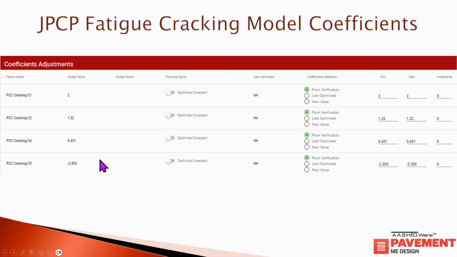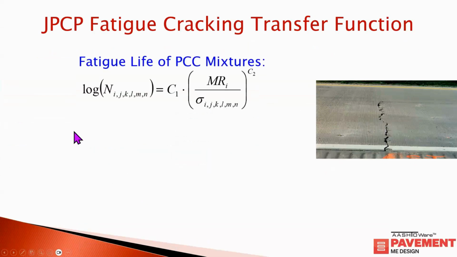So here are the current global calibration coefficients. For fatigue cracking, you have C1 through C5, or C1, C2, C4, C5. There's no C3 coefficient. And you have both the damage accumulation model, and the main response here is going to be the ratio of the modulus of rupture to the actual tensile stress, or what I think is called the critical stress function.